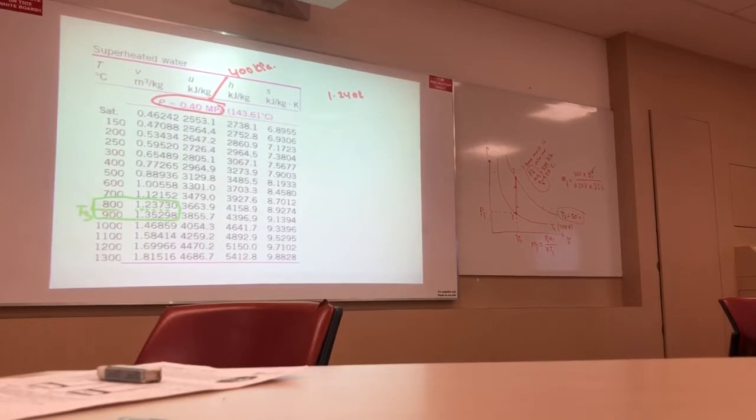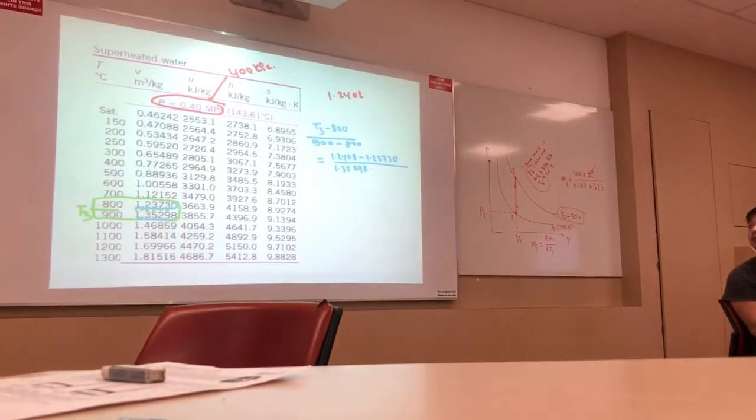Then I can write: T3 minus 800, over 900 minus 800, is equivalent to the specific volume at T3, 1.2408, minus the value at 800, 1.23730, over the value at 900, 1.35298, minus 1.23730.